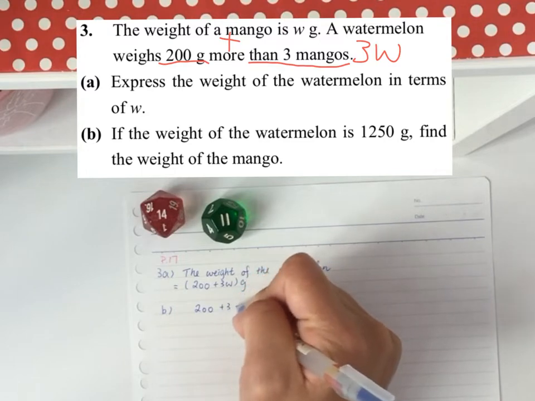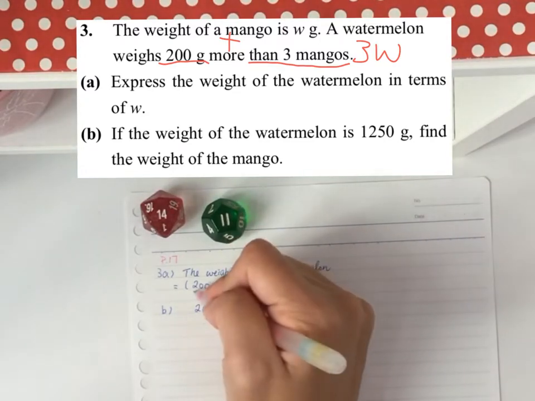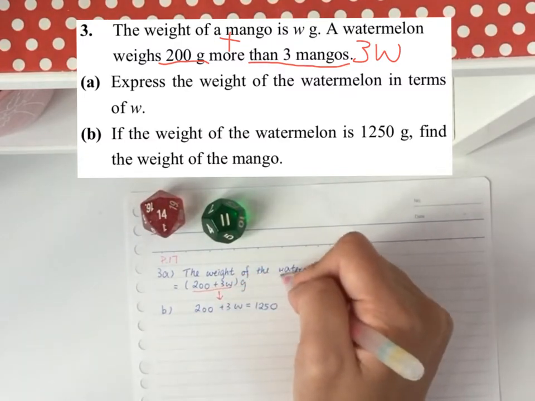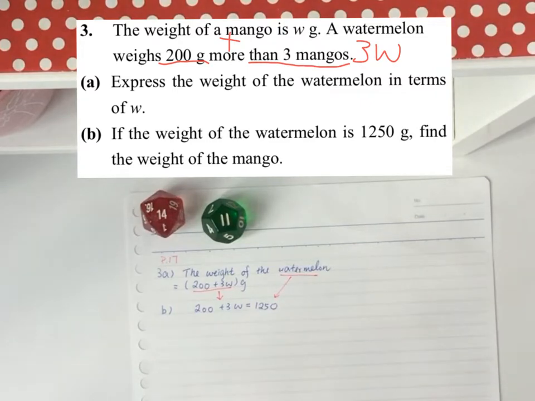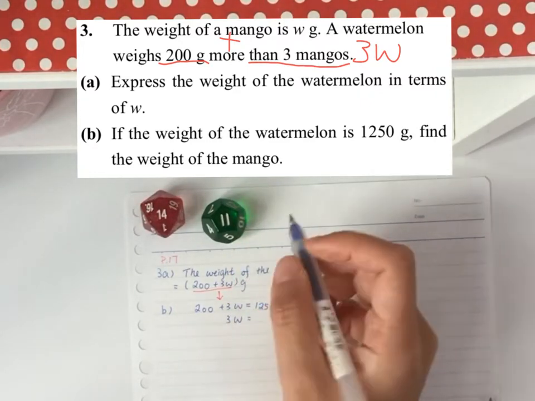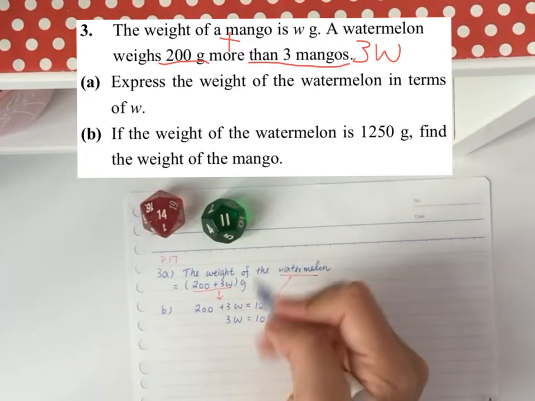Part A is actually very helpful, because the weight of the watermelon is 200 plus 3W grams, and we set it equal to 1,250. We solve for W so that we can find the weight of the mango.